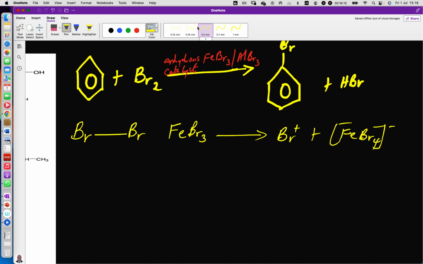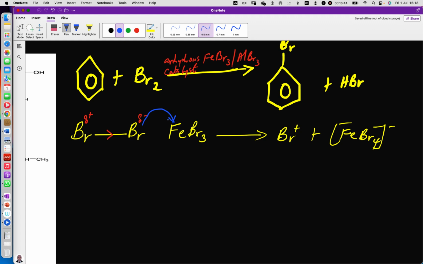This is what is happening there. I'm coming to explain how it goes. We have a partial positive and a partial negative, and that is what is going to happen there.